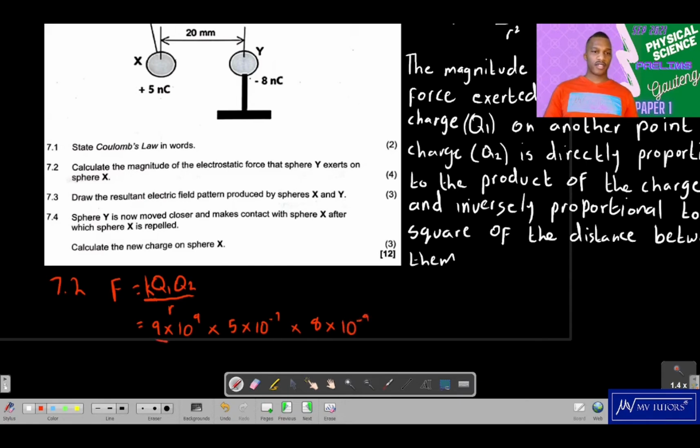All of this is going to be divided by the distance between them. Now the distance is 20 millimeters. We'll need to convert it to meters, so that's going to be 10 to the power minus 2, but the distance has to be squared like that.